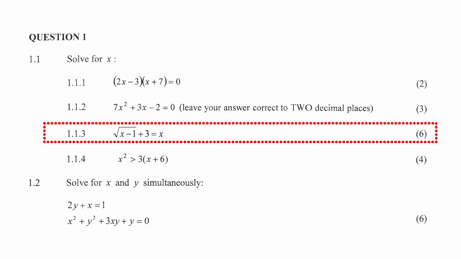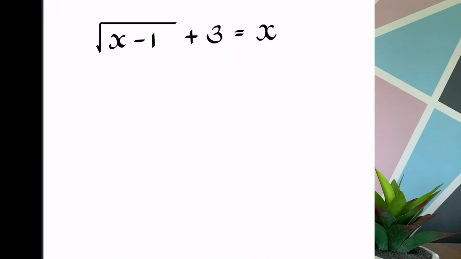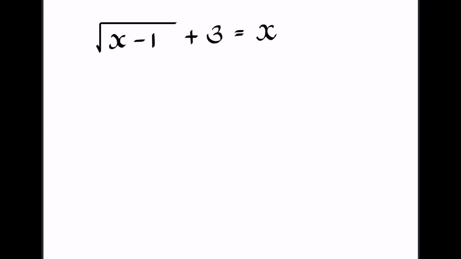So this third equation, I have the square root of x minus 1 plus 3 equal to x. So I have a surd. So step number 1, isolate your surd. So to isolate the surd, I'm going to have x minus 1 equal to, keep the x on the right-hand side, the positive 3 when it goes across now becomes negative 3.